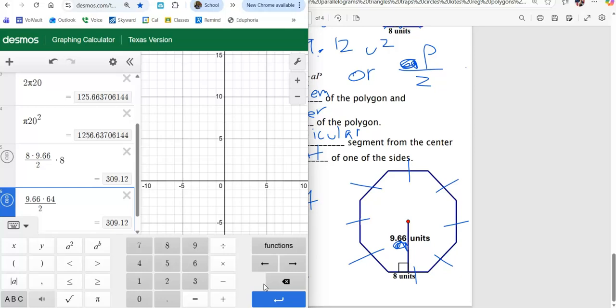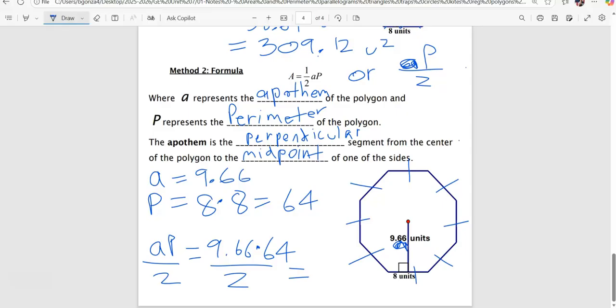What do you know? We get the same answer, 309.12. Okay, so whichever one you prefer, but I would prefer that you use this formula. Apothem times perimeter divided by 2.